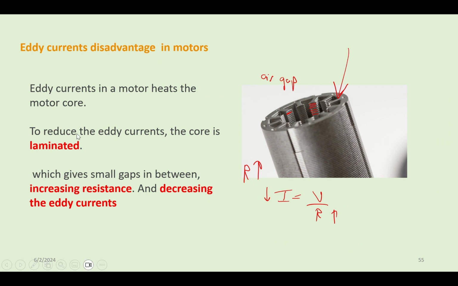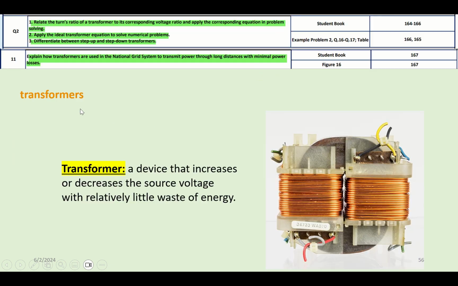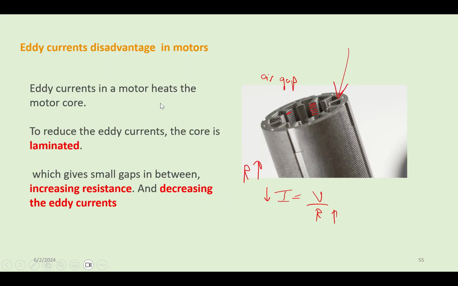Now, eddy currents are not always good. Eddy currents in a motor heat the motor core, which is a disadvantage of eddy currents. To reduce the eddy currents, the core is laminated. That means that it is sliced into thin pieces, and you have an insulation between each piece and the other.